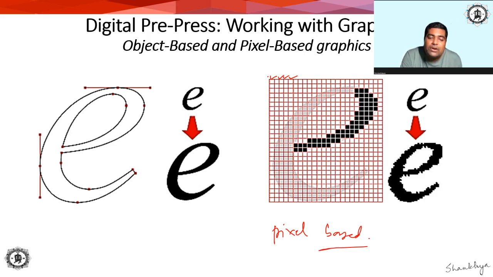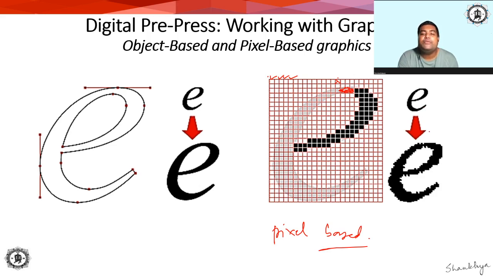If you are creating a letter E with a pixel based software, then that E will be a combination of various pixels. The pixels of certain areas will be lit up, this will be lit up, this will be lit up, and this won't be lit up. So ultimately, together you can get the shape of the letter E.